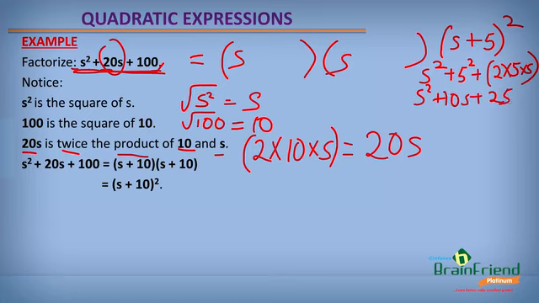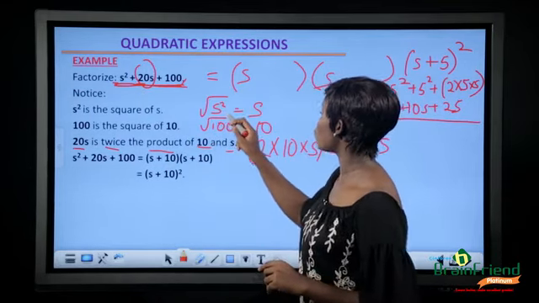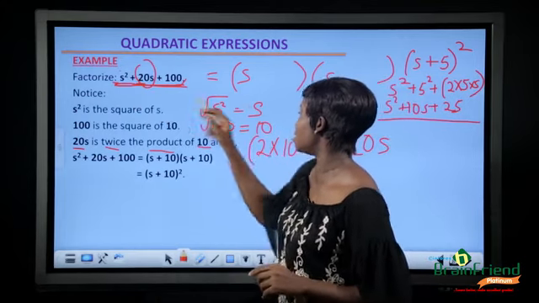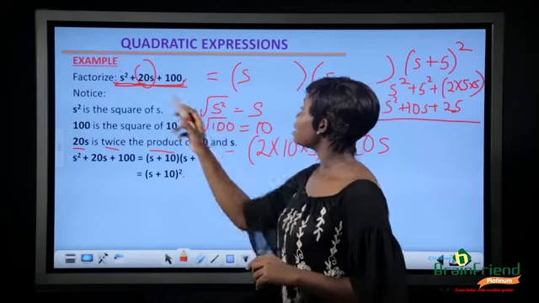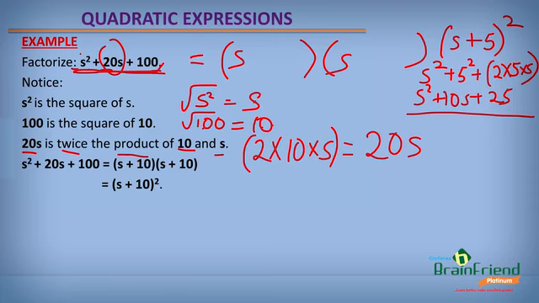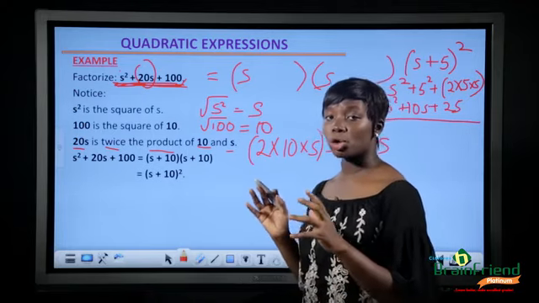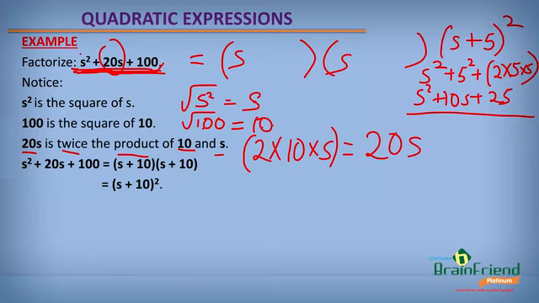Now, there's a little bit of similarity between this perfect square and this factorization here. So once we notice this, that the square root of this s squared, the first term, is s, the square root of 100 is 10, and the middle term is actually twice the product of s and 10, it's safe to say that this was gotten as the expansion of a perfect square.